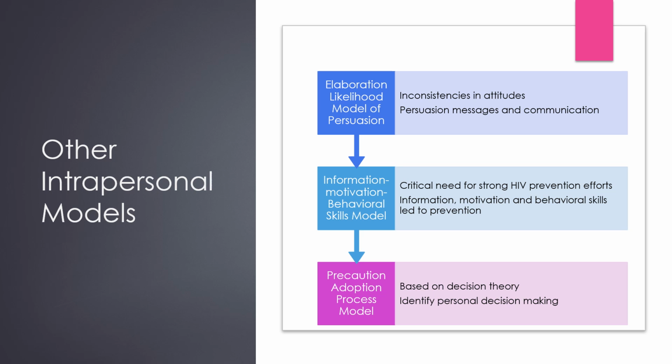The precaution adoption process model is more recent than the trans-theoretical model, and it's based on decision theory. Its goal is to identify the ideology of personal decision making and the process for putting that knowledge into action. Although the trans-theoretical model and this model are both stage models and appear similar, it is mainly the names that have been given to the stages that are similar.